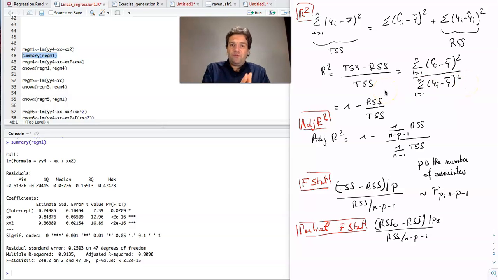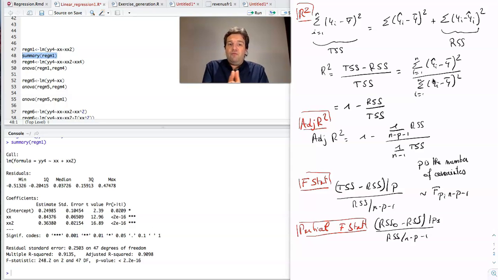The problem with this formula, as we already said, comes from the fact that if we add covariates in a model, it is sure that the R square will increase. The more variables you have, the closer to the Yi's the predictions are, and the higher the R square.